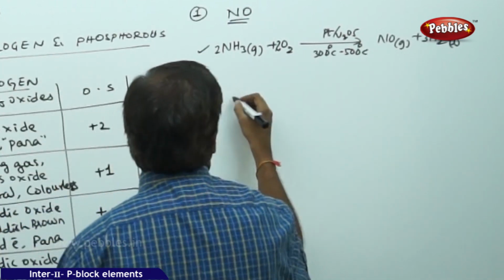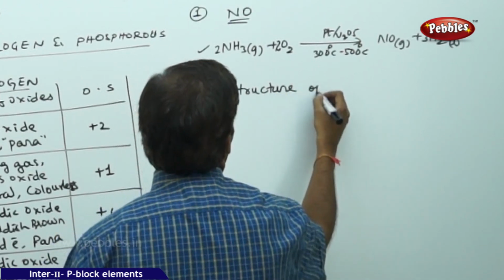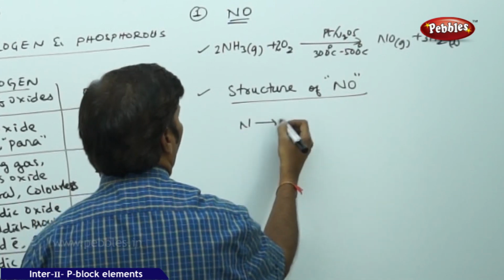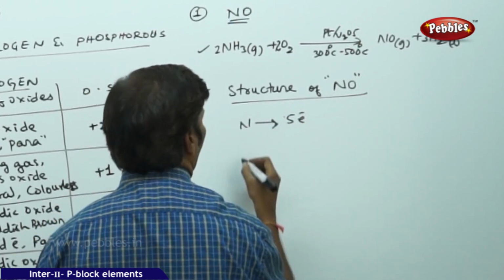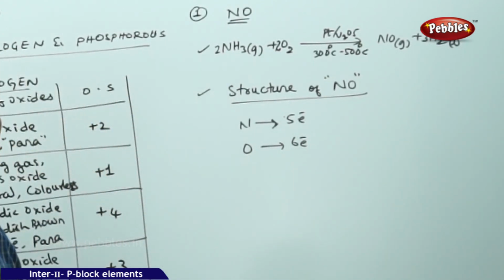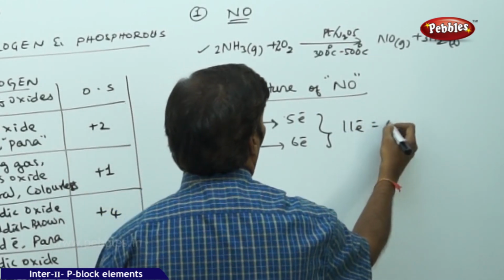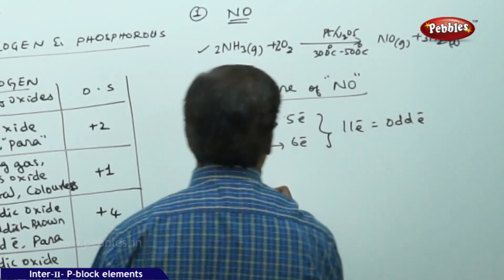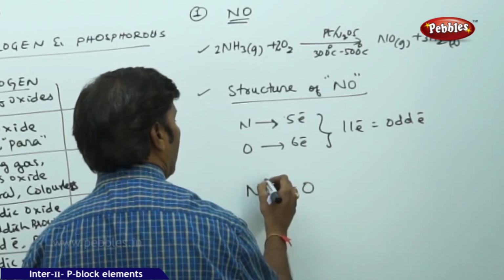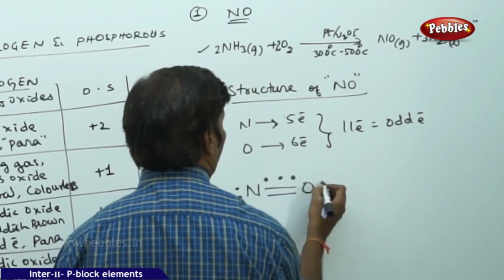If you go back to the structure of nitric oxide, nitrogen has 5 valence electrons and oxygen has 6 valence electrons. So in total we get 11 electrons, and 11 is an odd number of electrons. Therefore, in the structure of nitric oxide, I can create 2 covalent bonds like this, and 3 electrons I can place in between, and 2 electrons over here.